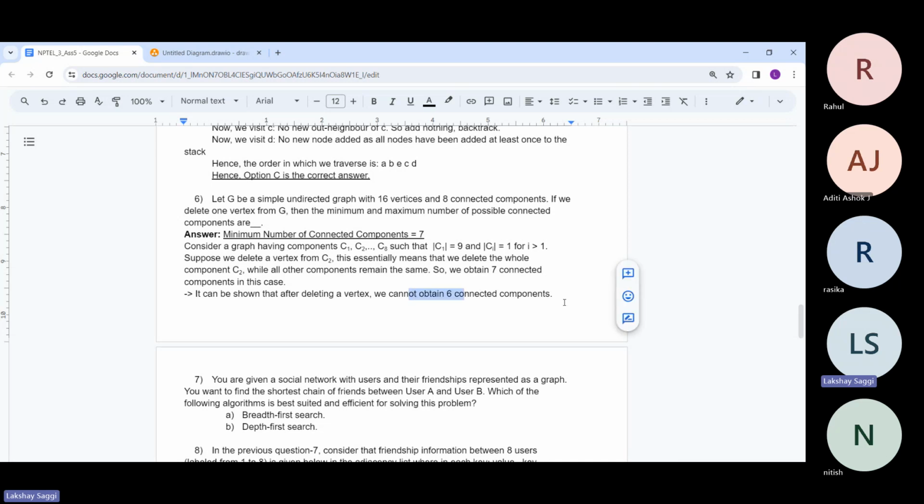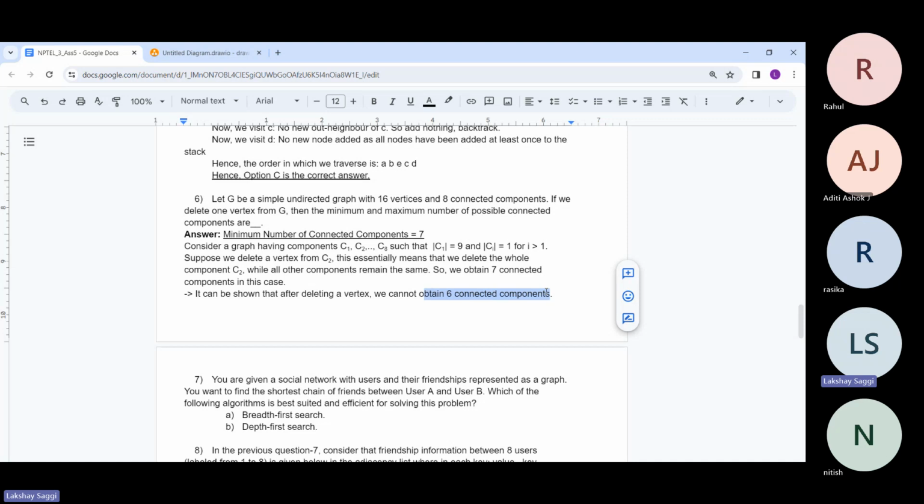We can prove this using contradiction. Suppose there was a vertex V in a graph G such that if we deleted that vertex, we were able to obtain 6 connected components instead of 8. So deleting V caused us to remove 2 components.